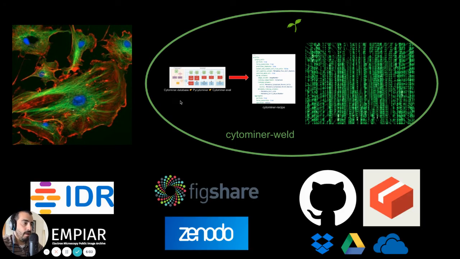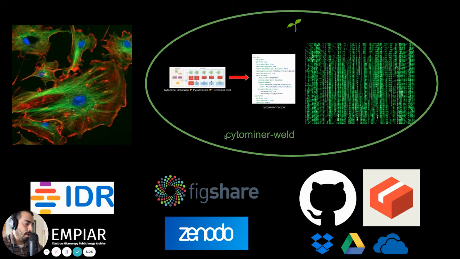And so I've just listed here a couple of resources that we use for dissemination of the data. So we typically put all of our images on IDR. We put intermediate data types like single cell profiles on Figshare or Zenodo. And this entire weld procedure, which works on the bulk profiles, exists with code being version controlled on Git and the data being version controlled via Git LFS.